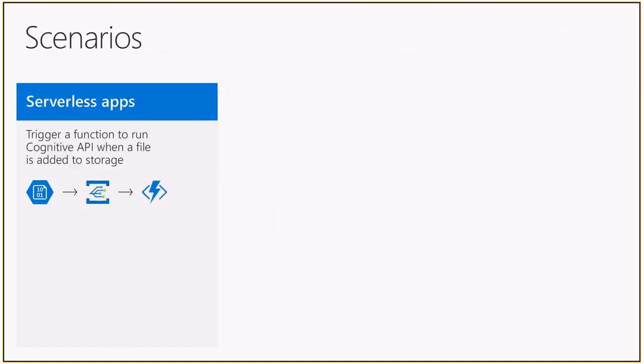So let's discuss a few scenarios, how and in what type of cases Event Grid fits in. First is serverless apps or event-driven solution architecture. That's where something happened in a storage account, like a file or some kind of record has been created in a storage account.